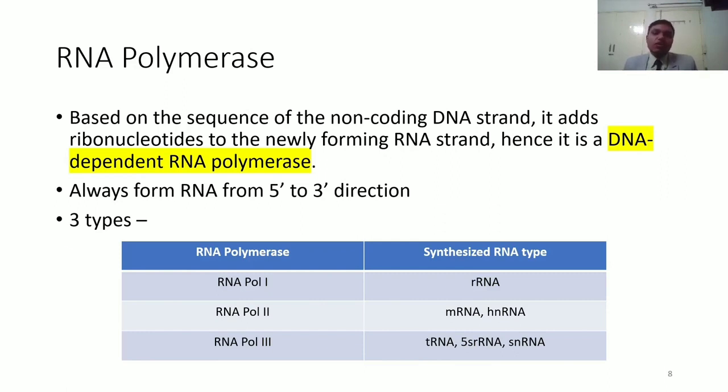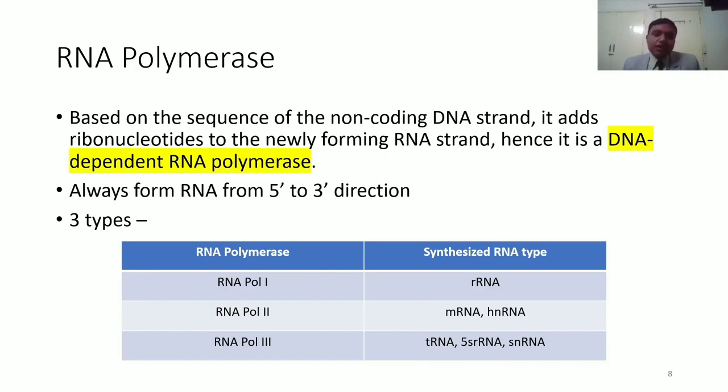With respect to the newborn mRNA, the polymerase moves in the 5' to 3' direction. There are mostly three types, though there are other types of RNA polymerases as well. The three main types are RNA polymerase 1, 2, and 3.